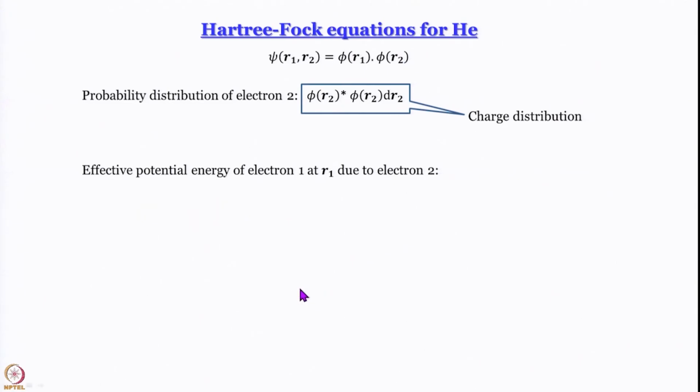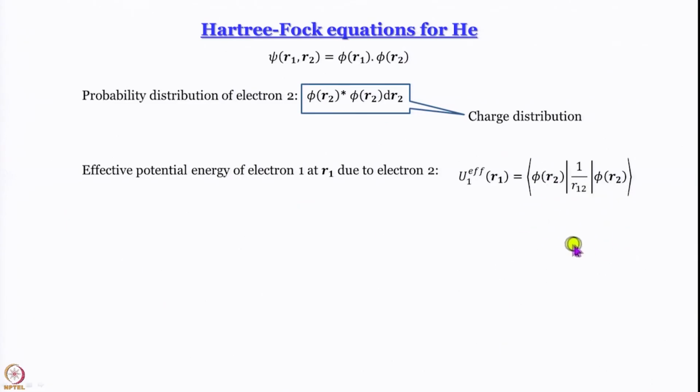So, this effective potential, what will it be? We all know the formula for potential energy from electrostatics. If we relate it to our knowledge of quantum mechanics, this is what it will be. We call it U1 effective at r1, and that would be equal to the integral of phi star r2, 1 by r12, phi r2. What is r12? r12 is the separation between electron number 1 and electron number 2.